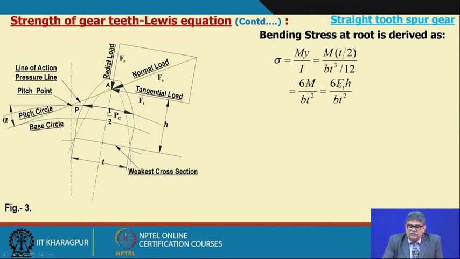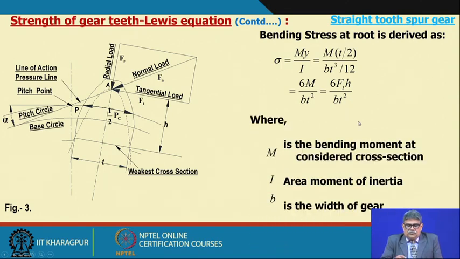Again, this moment is nothing but the tangential load into h, which is the beam length, so it becomes 6 F t into h by b t square. Here M is the bending moment at the considered cross section, I is the area moment of inertia, and b is the width of the gear.